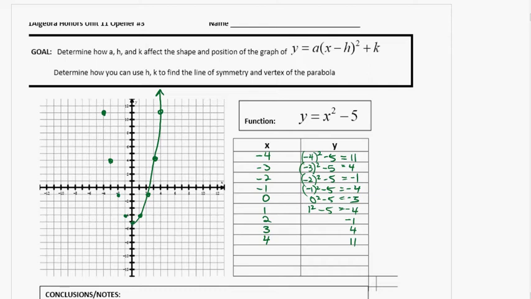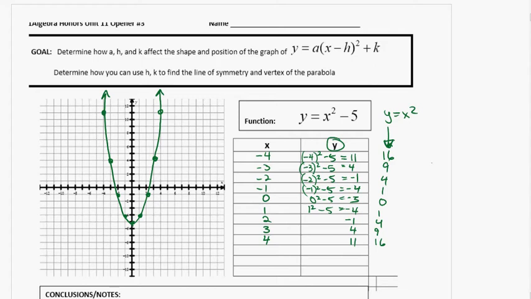So again, how does it differ from my parent function, y equals x squared? Well, those values were 16, 9, 4, 1, 0, 1, 4, 9, 16. So how does this column from the parent function differ from our new y value?